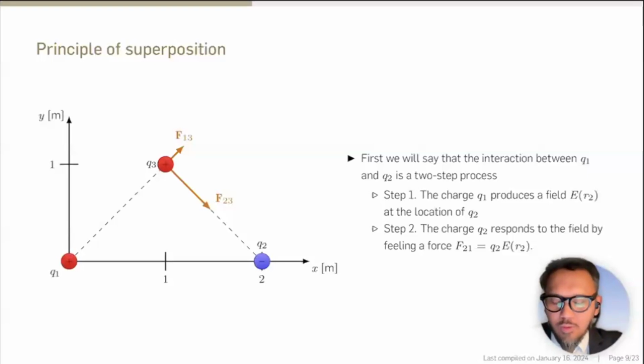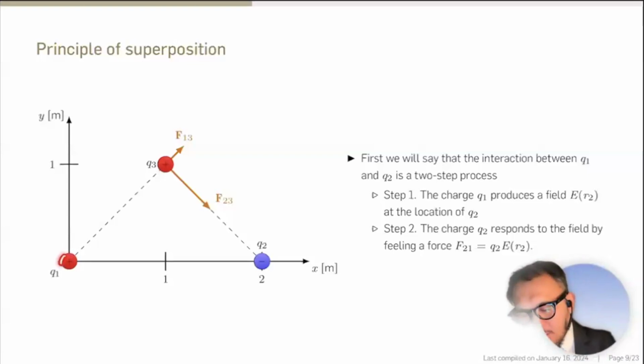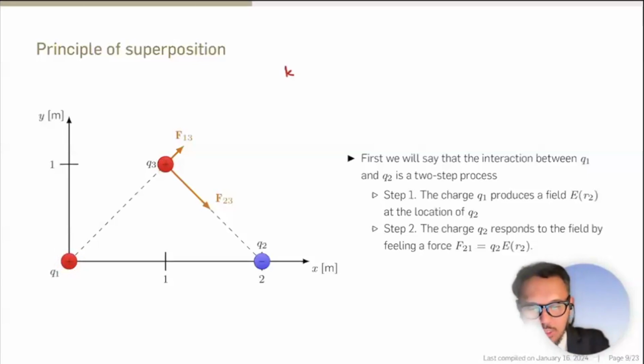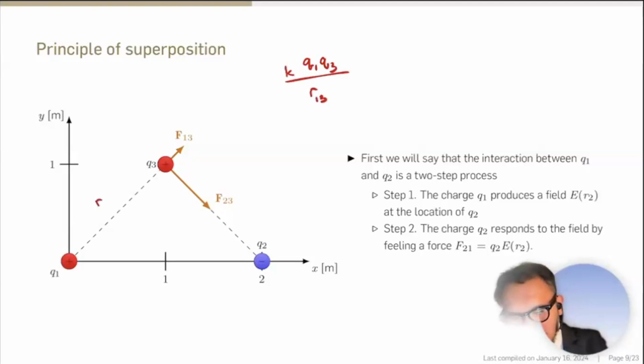So if we want to calculate the force that Q3 experiences, then what we can do first is calculate the repulsion force, in this case between Q1 and Q3, okay? So we can calculate that using Coulomb's law, right? Which is k Q1 Q3 divided by R13. So this is R13, right?